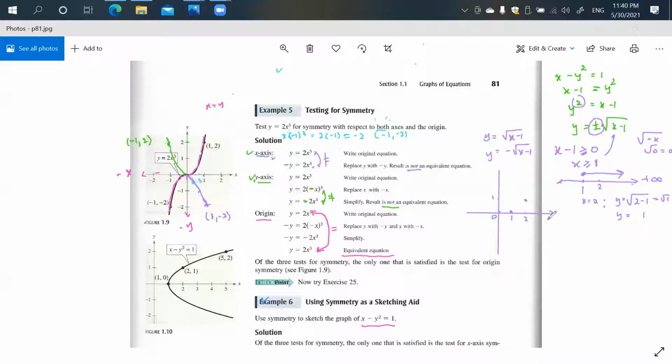After this it's enough, you don't need to go on. If you want to, maybe try one more. If x equals 3, y becomes 3 minus 1, so the square root of 2, which is approximately 1.414.